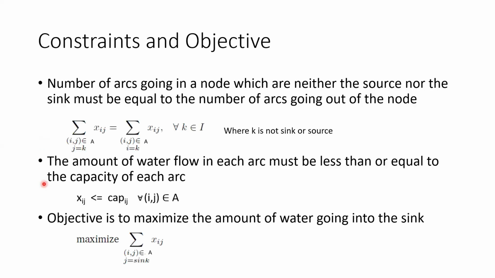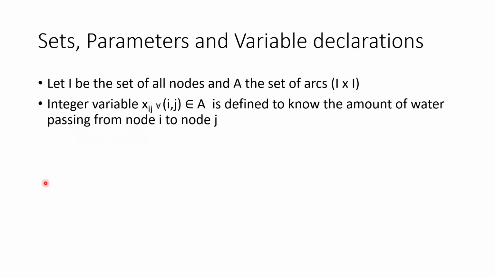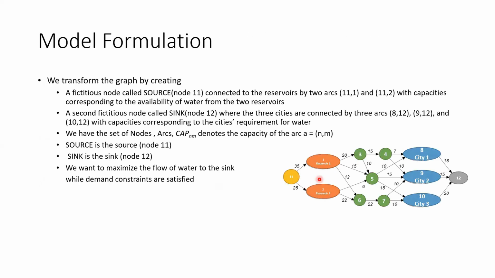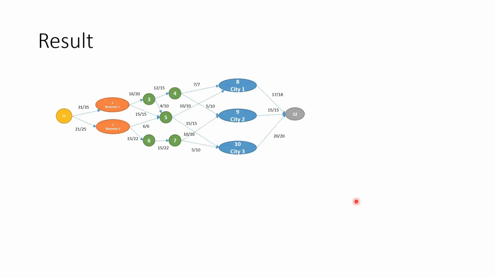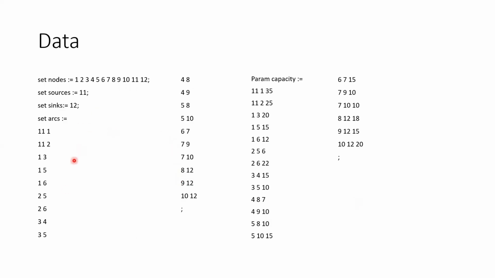We can verify this from the previous diagram, where we see from reservoir 1 to 3, 1 to 5, and 1 to 6. Similarly, 2 to 5 and 2 to 6. So that's how we are defining the arcs, and the capacity of each arc is defined by the parameter capacity.